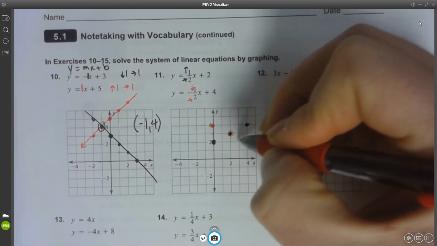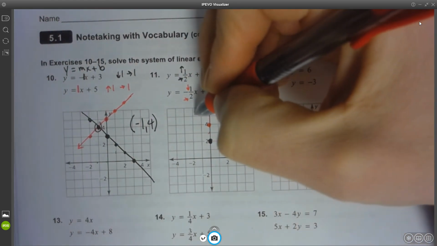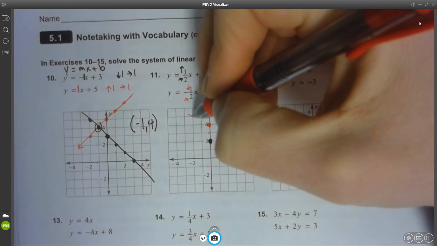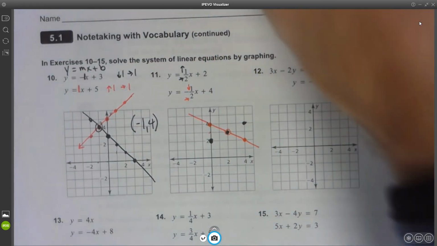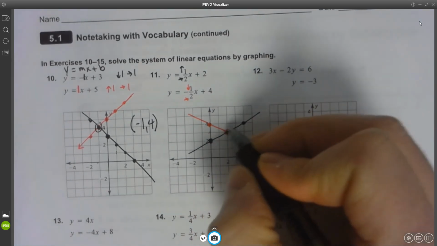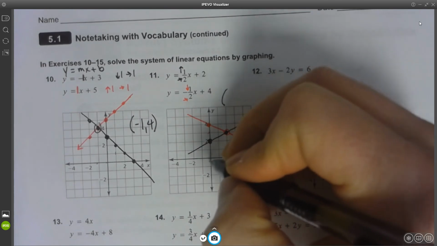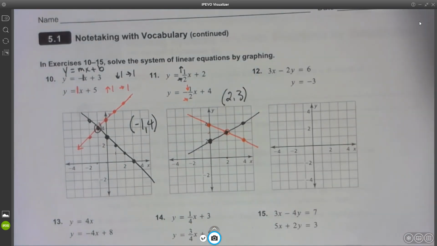They share that point. Down 1, right 2. There's my two lines. I can see that they both share that single point in common right here, and that solution is at (2, 3). All right, stay tuned for part 2, and we'll look at a couple more.